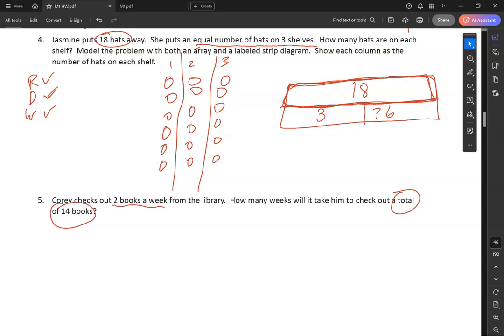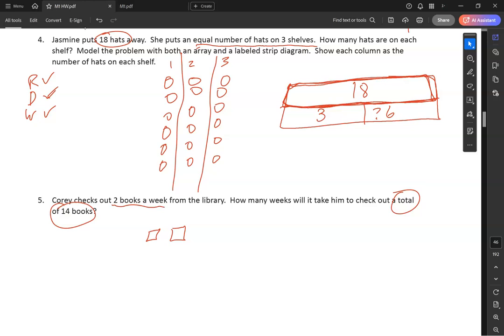So our total is 14. Okay? And there are 2 books a week. Okay? So what we have to do here is we know 14 is our total. We know there's 2 books a week. So I'm going to do squares for the books.